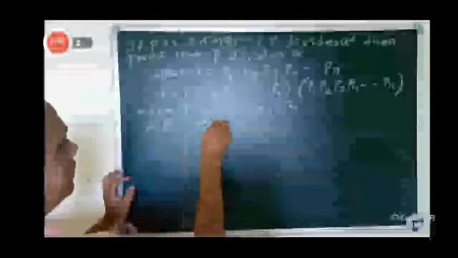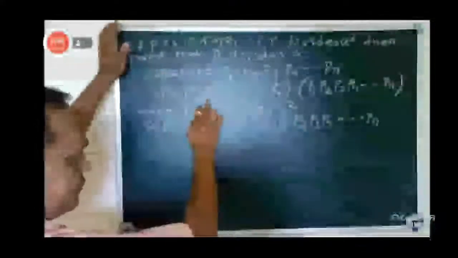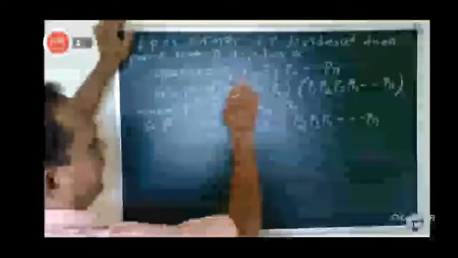So p exists in p1, p2, p3, p4 up to pn, and that divides a square. So here is p, and here is another p, in the p square, a square.